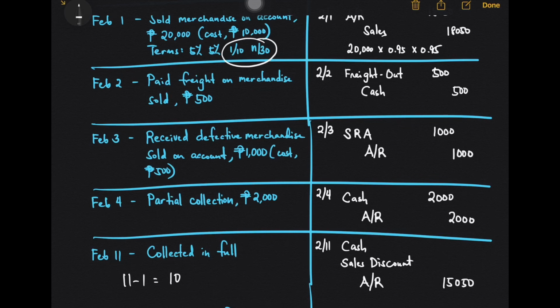And to compute the sales discount, first you will need the sales price of 18,050 minus the returns and allowances, that's 1,000. And this will be the basis. You do not deduct the partial collection because it will not make sense. This is the common error of students. They deduct the partial collection.